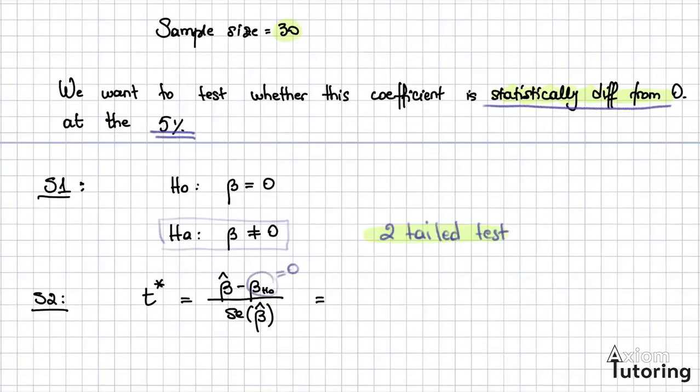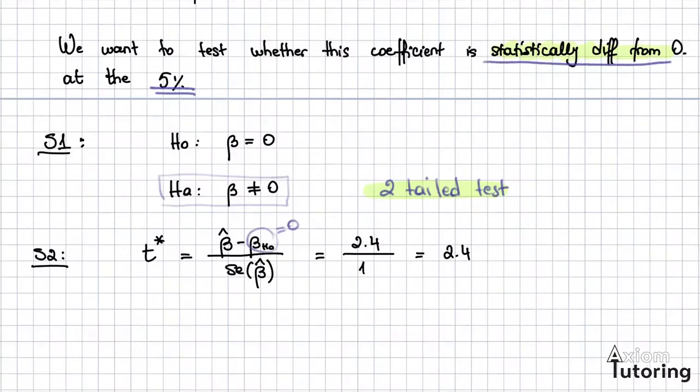That means t star is simply 2.4 divided by 1, which gives us 2.4. So it seems that our estimate is 2.4 standard deviations away from 0.